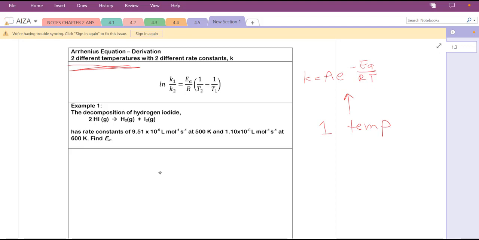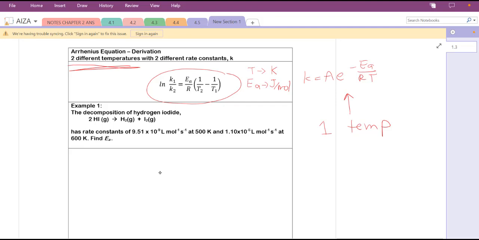We will use this equation when the question provides two different temperatures: ln k1 over k2 equal to activation energy over R times 1 over T2 minus 1 over T1. Temperature as always must be in Kelvin. Ea must be in unit joule per mole, because normally in the exam it will provide you with kilojoule.